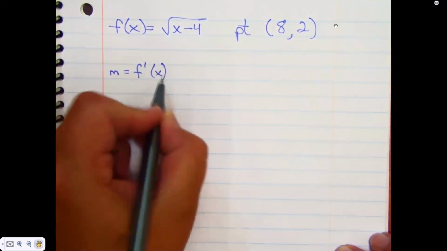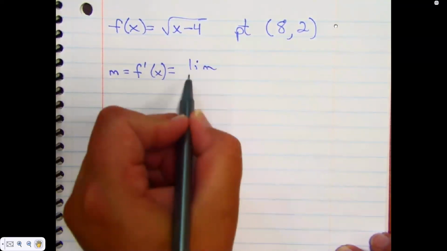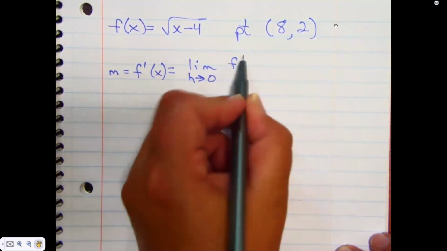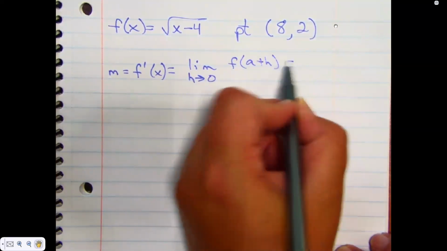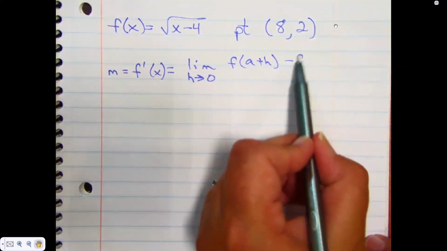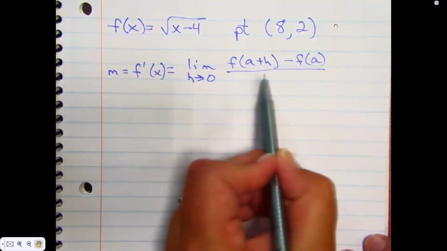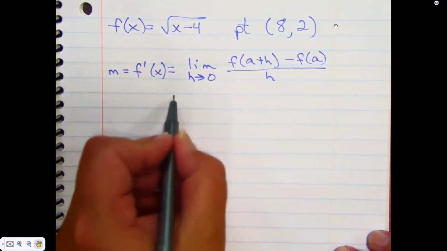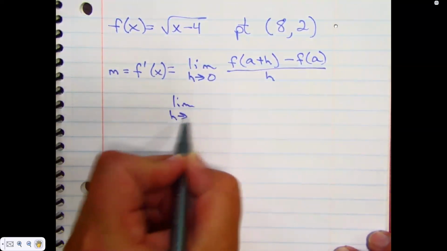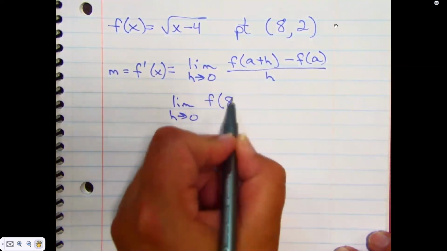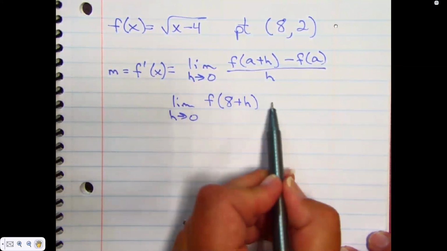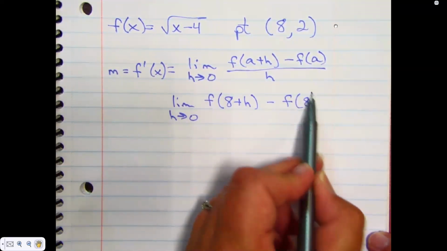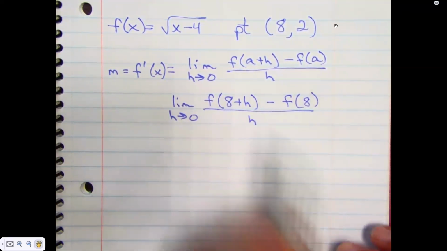We deal with that limit: the limit as h approaches 0 of f of a plus h minus f of a all over h. What is a? A is 8, that x value. So the limit as h approaches 0 of f of 8 plus h minus f of 8 all over h.